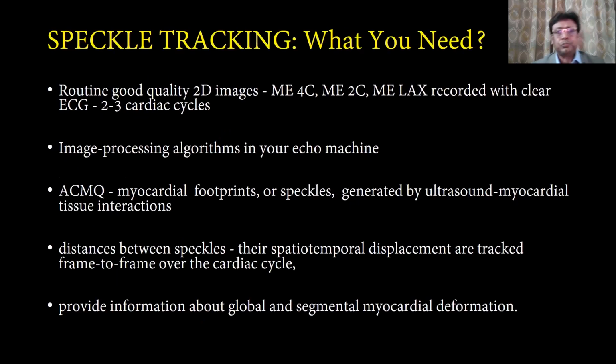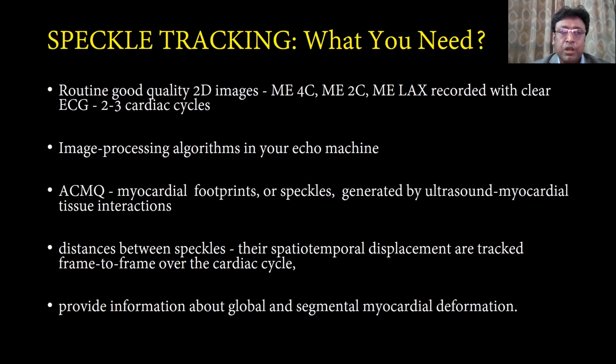So what do you need for assessment of speckle tracking? What you need is routine good quality 2D images in mid-esophageal 4-chamber, 2-chamber, and long axis views recorded with clear 2 to 3 cardiac cycles of ECG.